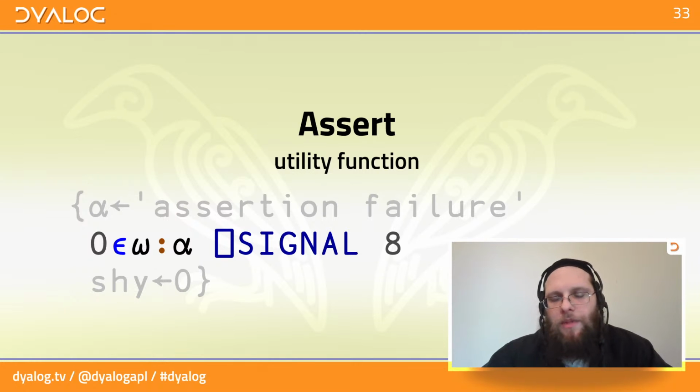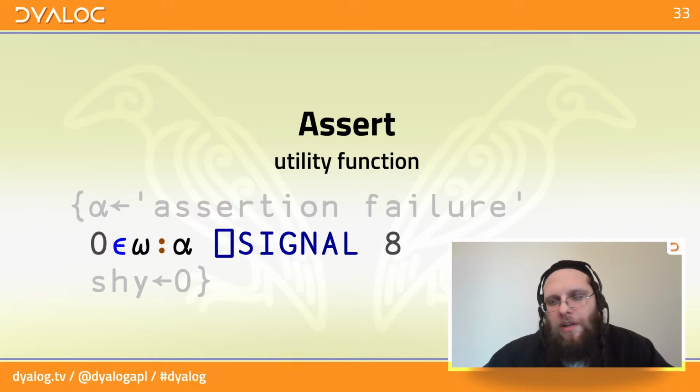It has to be something that returns a Boolean array, and all of the elements of that array, the argument to assert, have to be true. Now, if any of them are not true, that is, if there are any zeros, so that's what the 0 member of omega does, then we continue with ⎕SIGNAL 8.